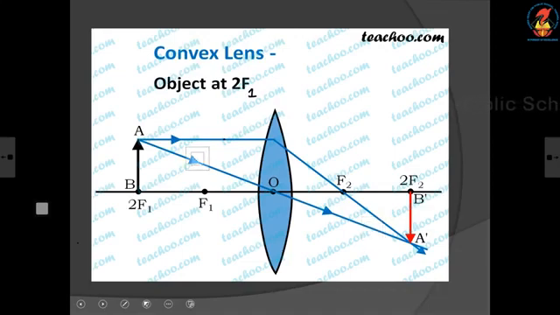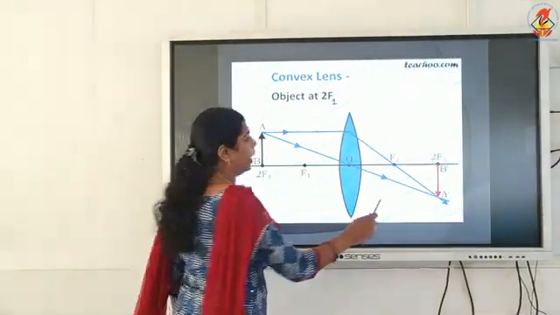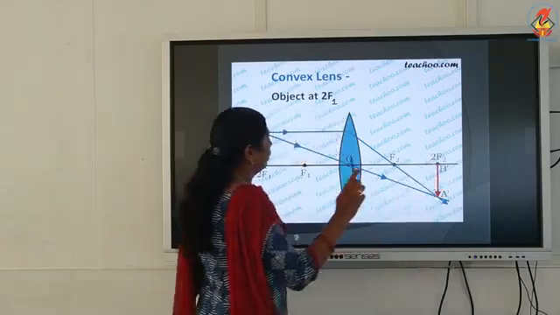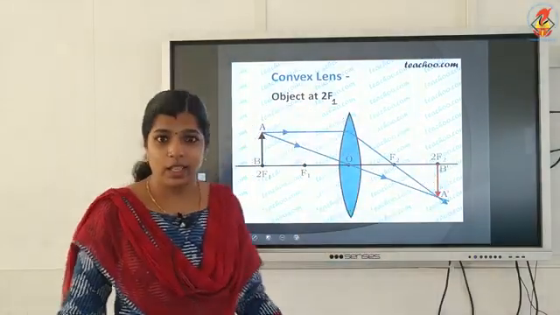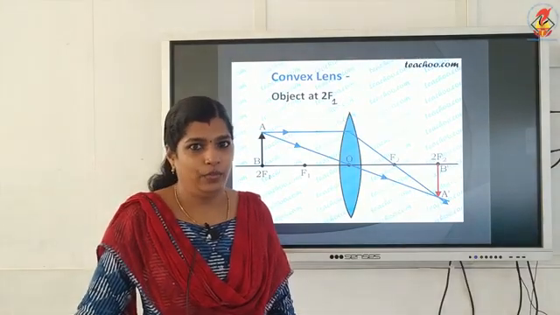So, when you draw it, you should get the image at 2F2 itself.